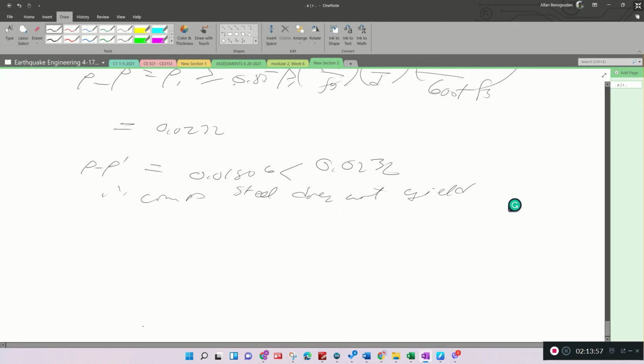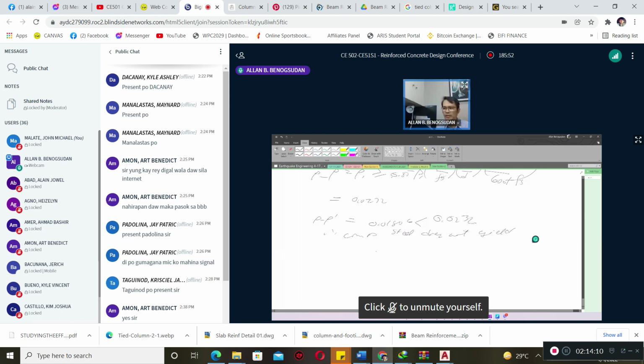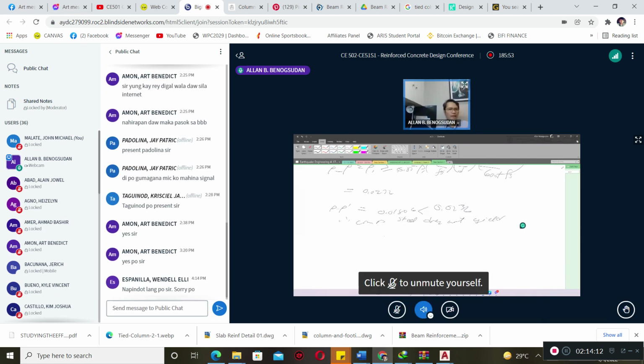I think wala na naman si Oblioska. Okay, anyway. So, anybody, sino nakakaalam? Sa report, alam mo ba kung bakit sinabi natin na compression steel does not yield? What do you think is the reason? Anong ibig sabihin ng compression steel does not yield?